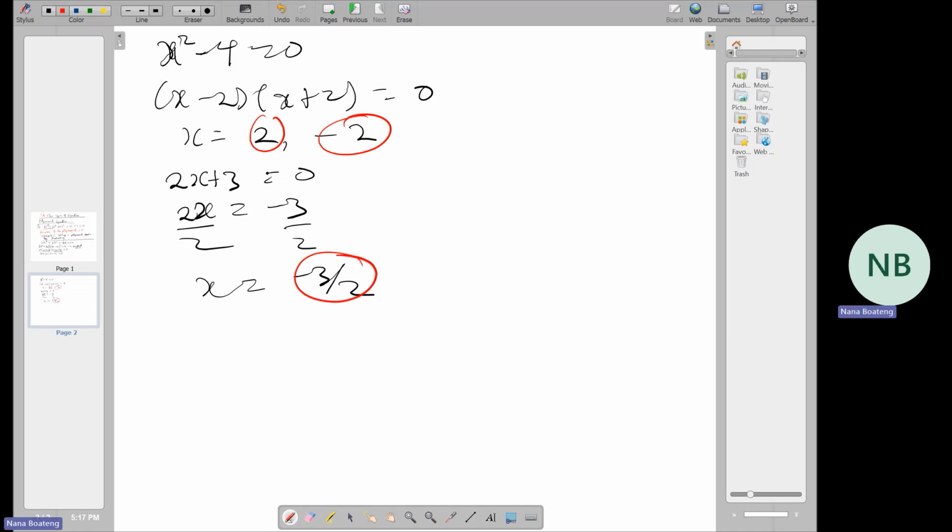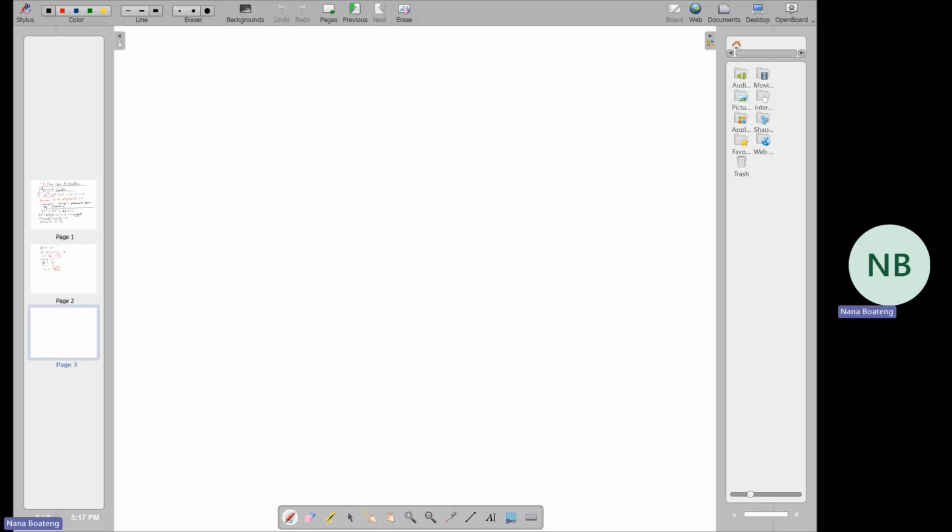All right, so let's look at some examples that involve radical equations. Let's use an example to explain radical equations. Okay, so example 2.